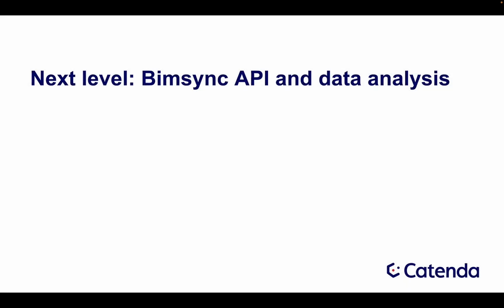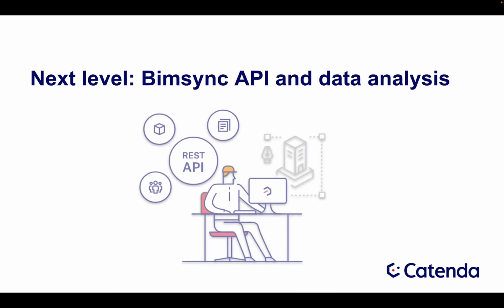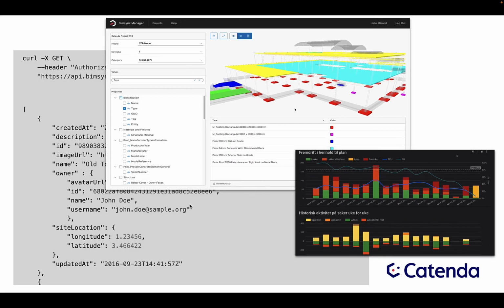Of course, there's a next level after that. And this will be thanks to the Bimsync API, and this will allow you to make some data analysis. The REST API that is behind Bimsync is available for customers, depending on your contract and the way you want to interact with us. Then you will be accessing some tools that will allow you to grab information from your project in mass, in a way.